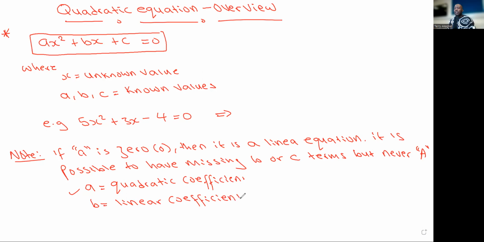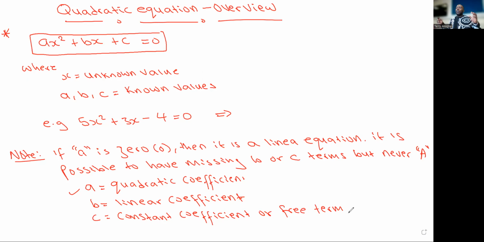And the c is what we call the constant, or in some textbooks the constant coefficient. Some textbooks, if you check some of them, will call it the free term. So they're all the same thing.